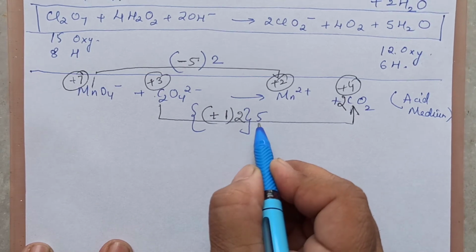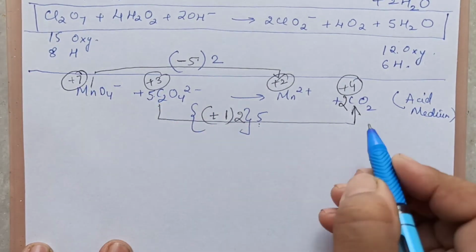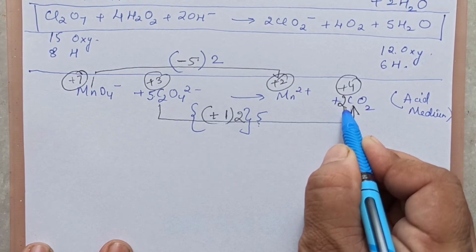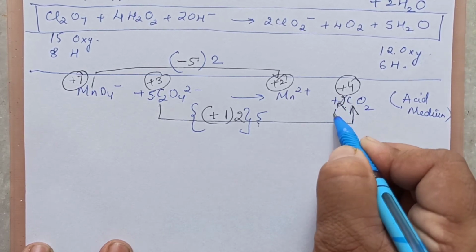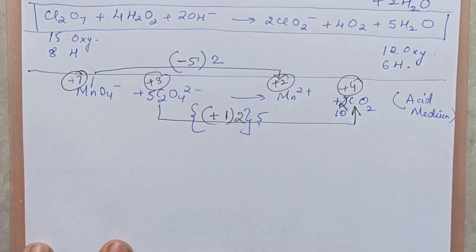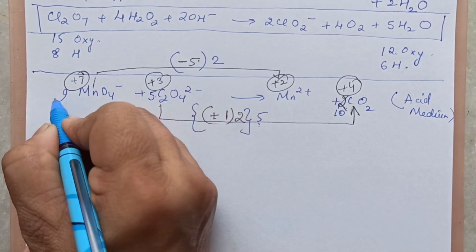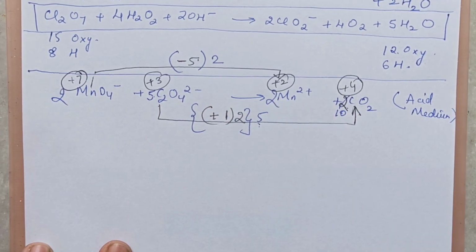That means this 5 will be written here as 5. 2 is already given here. That means instead of 2, now I will write 10. 5 into 2, 10. And the 2 we wrote here, we are going to put here as the coefficient for Mn.